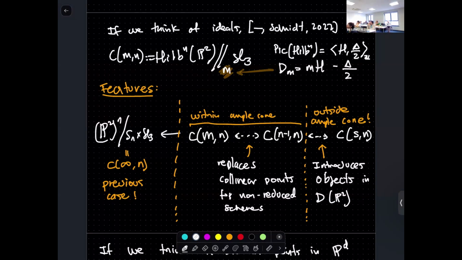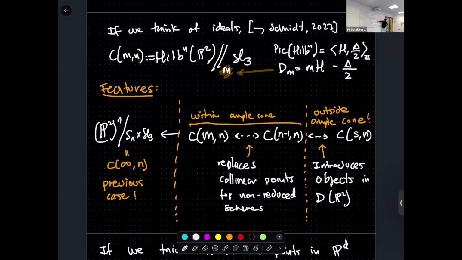If you take that perspective, it will allow you to go beyond the standard theory, which will tell you the divisor has to be ample. You can push it and go to the non-ample cone, but then you will find objects in the right category. And then you have a kind of final model.